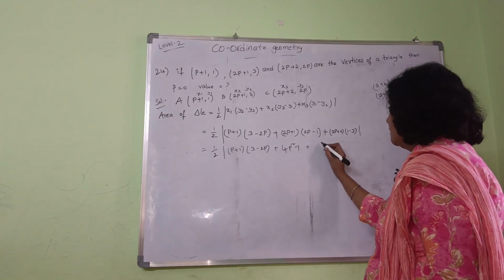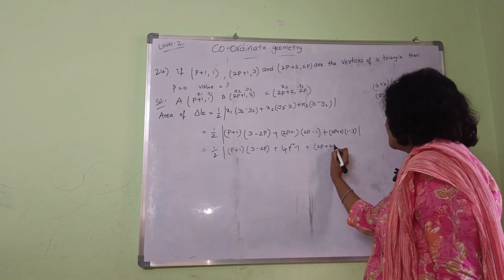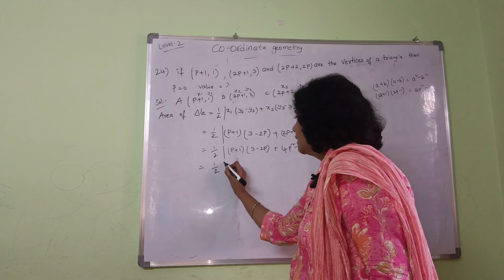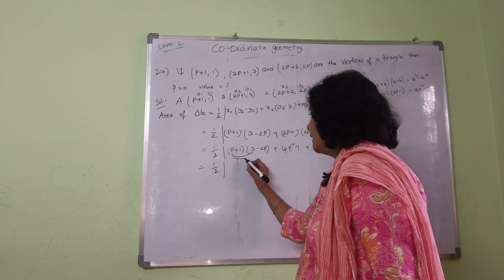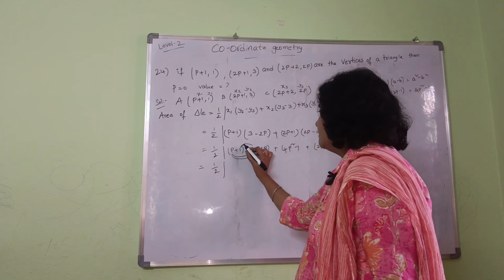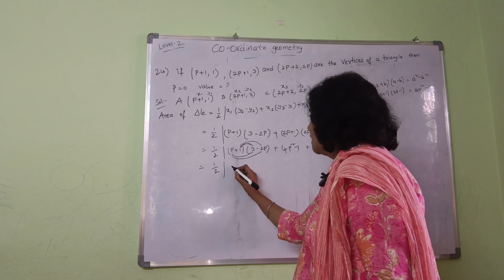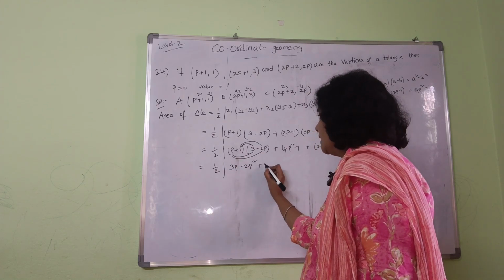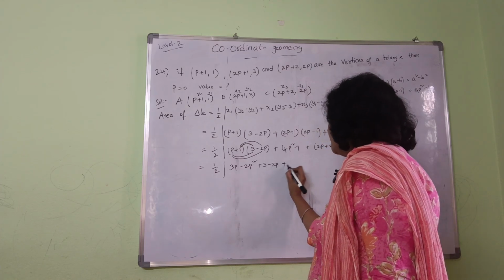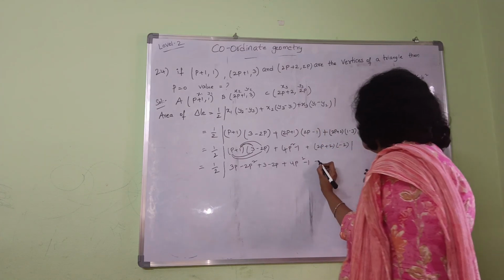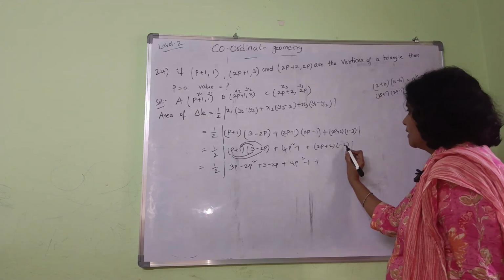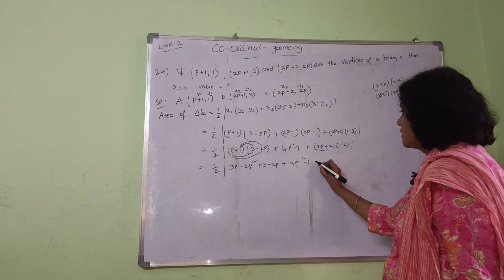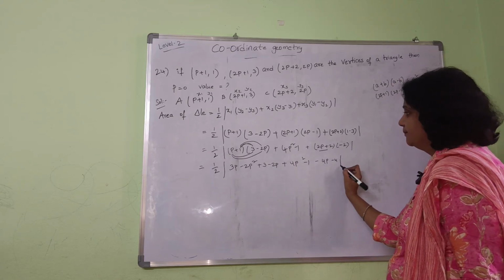Okay, 4p square minus 1 plus (2p+2) into (1 minus 3), which is minus 2. 1/2 into, so multiply this term with this and again with this. p into 3, 3p, minus 2p square, plus 1 into 3 is 3, minus 2p, plus 4p square minus 1, plus 2p plus 2. So we are multiplying this term with minus 2. Plus into minus is nothing but minus. Minus 4p minus 4. Okay.